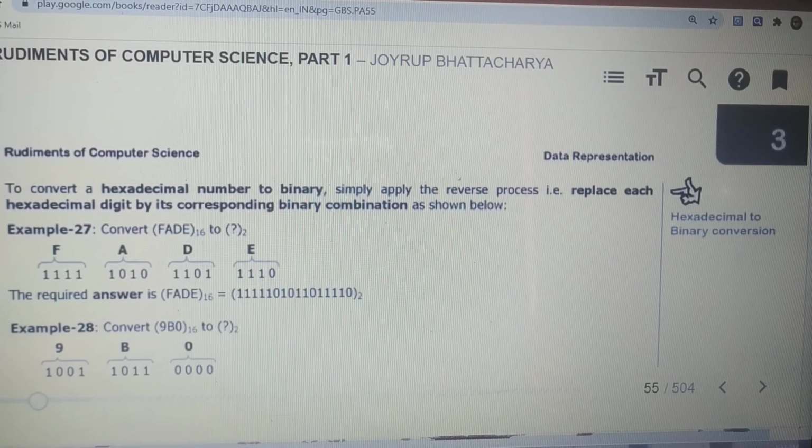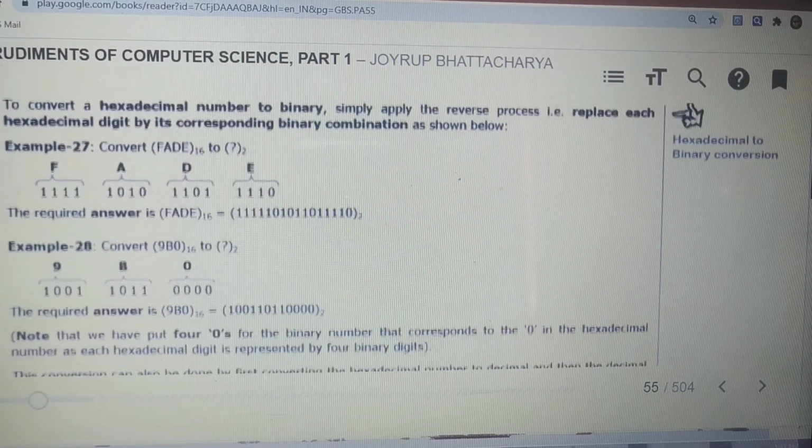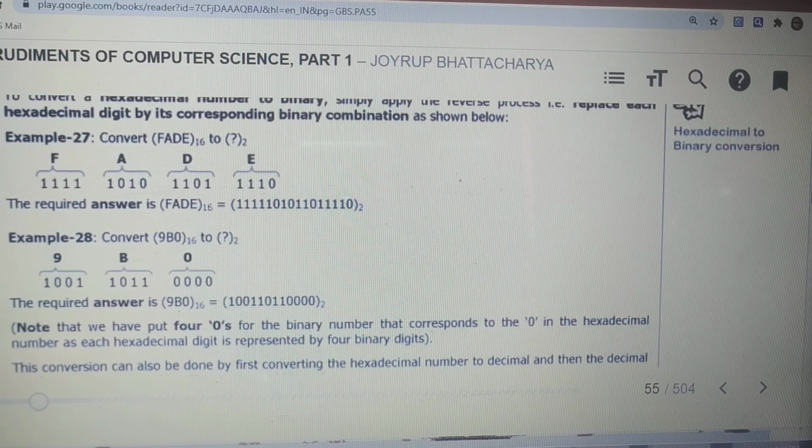Another example is 9B0. 0 in 4 bits is 0000. B means 11, since A means 10, B means 11. 11 means 1011, and 9 means 1001. So in this way we can represent a hexadecimal value in binary.